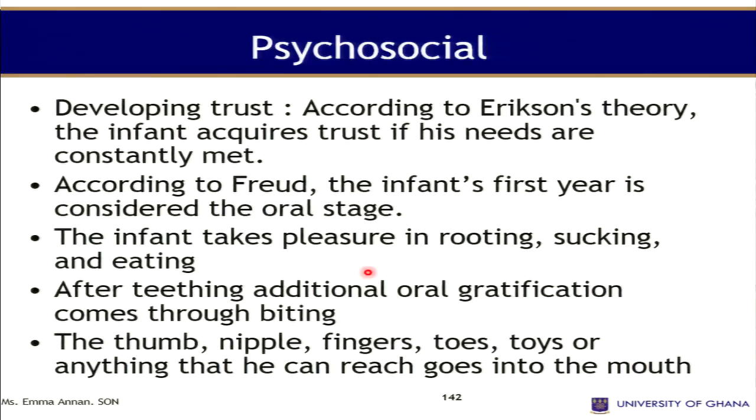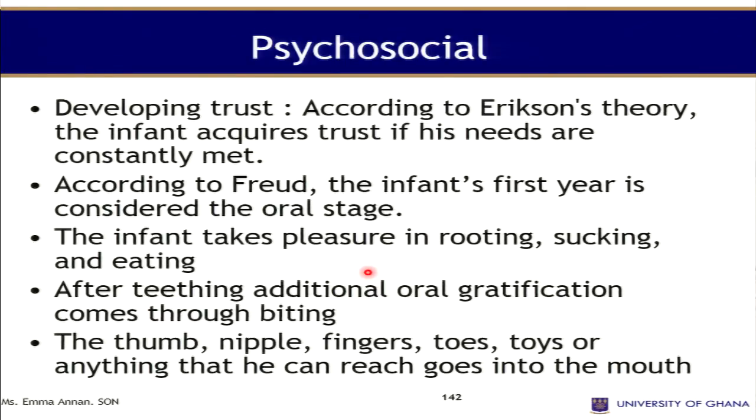Psychosocial skills. So that is why I ask you to read on the theories of growth and development. We are going to apply the theories here. At this stage, if you had read, I'm sure you appreciate this particular slide. So, developing trust.